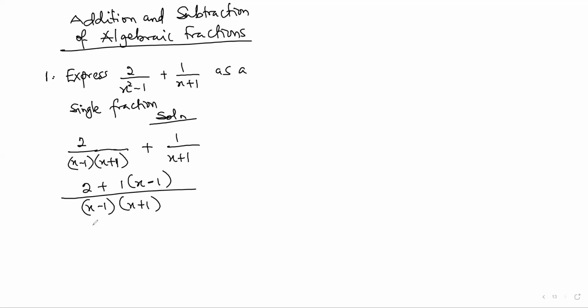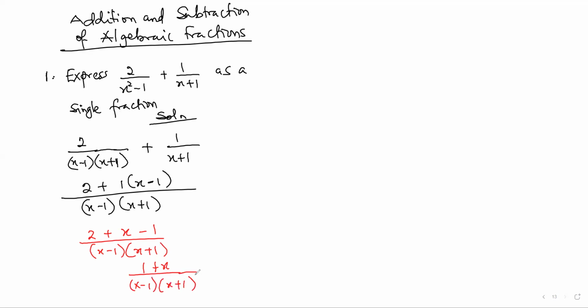Okay. So we expand, we have 2 plus 1 times x is x, 1 times minus 1 is negative 1, divided by the denominator. So 2 minus 1 is 1, then plus x divided by x minus 1, x plus 1.